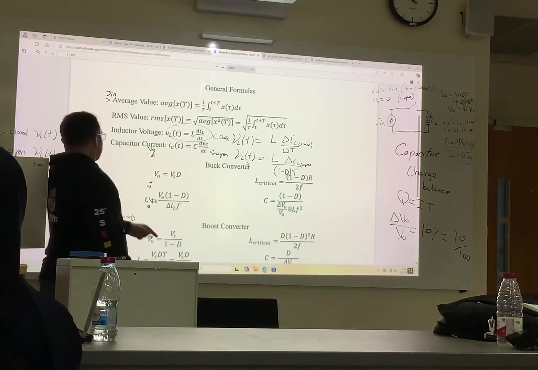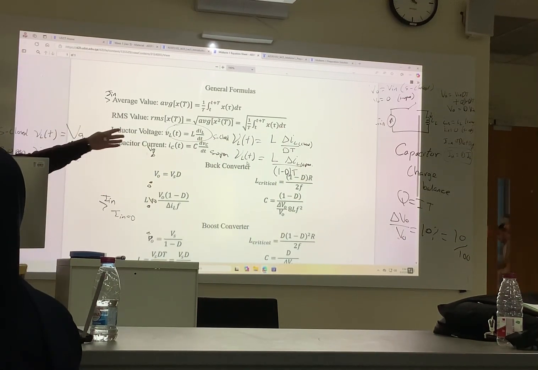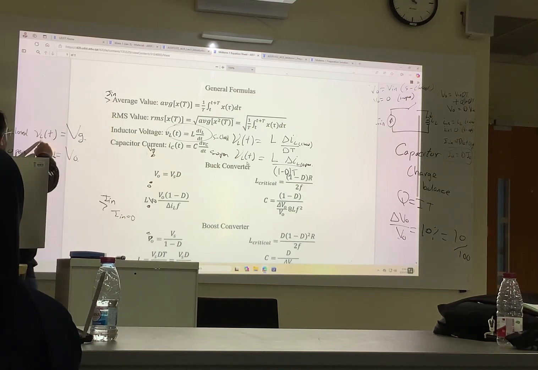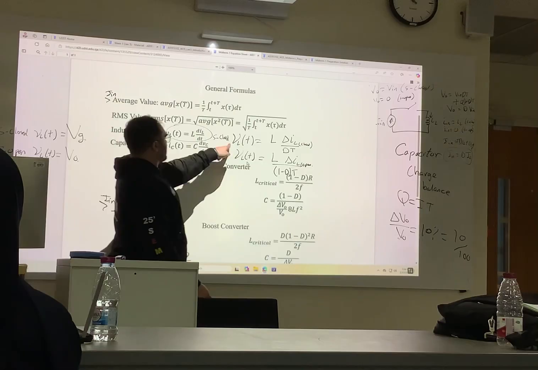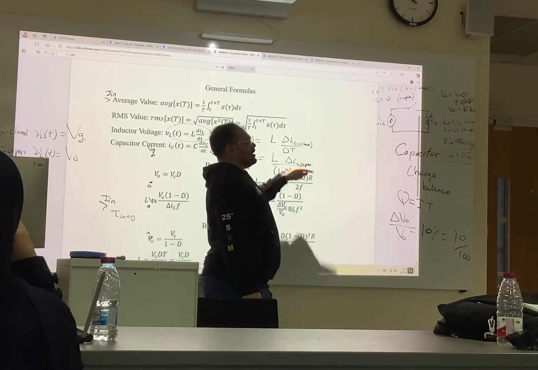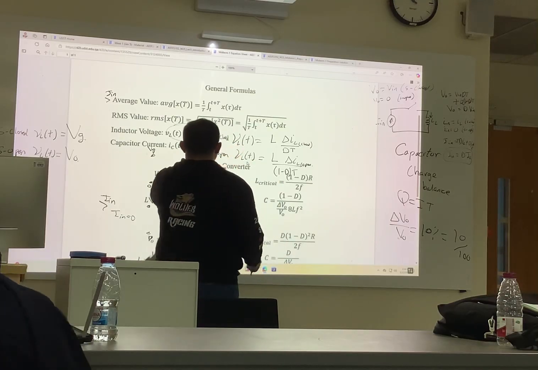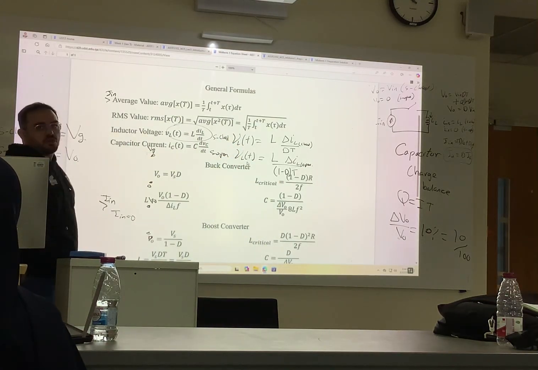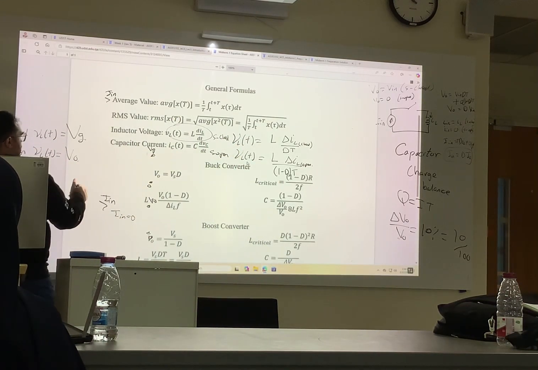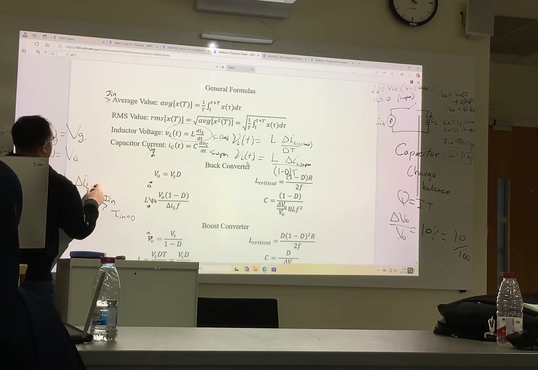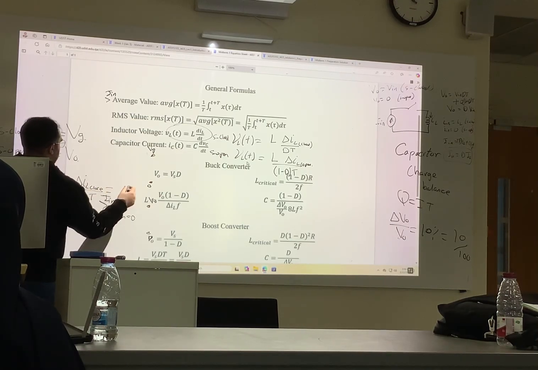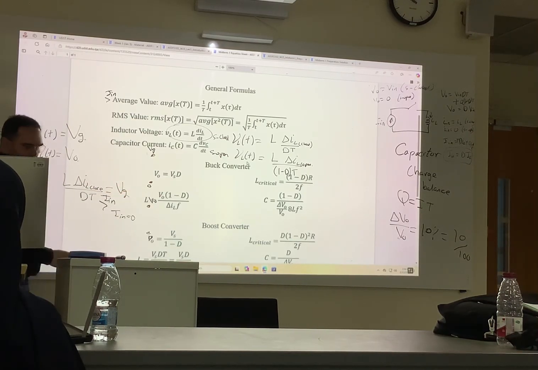Now, put apples and oranges together. VL of t equals Vg, VL of t equals L delta IL over dt. They are both equal, right? Because this is VL of t with the switch closed. So the first relationship becomes L delta IL closed over dt equals Vg.